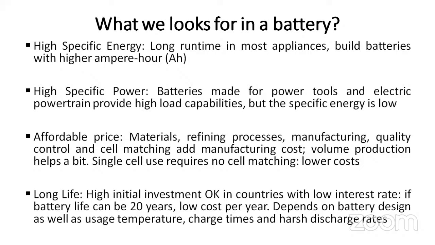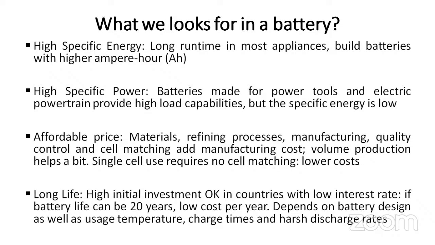Now the second term is high specific power. So now consider a battery, whenever you are drawing a current, whenever you are running your electric vehicle, that vehicle runs on a motor, and motors demand some current. Okay, the motor demands some current, and that current comes from the battery pack, correct?